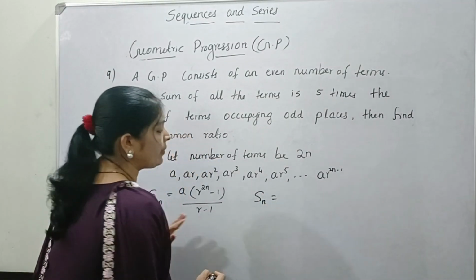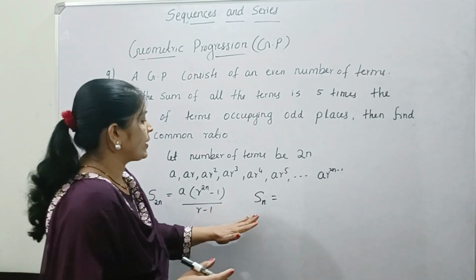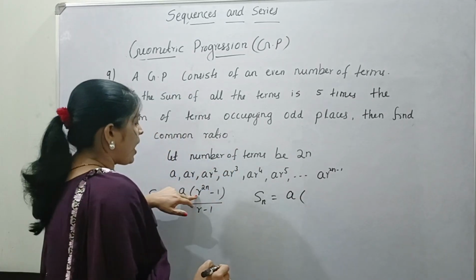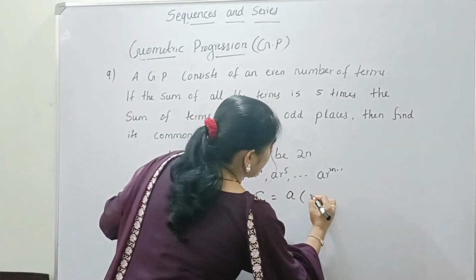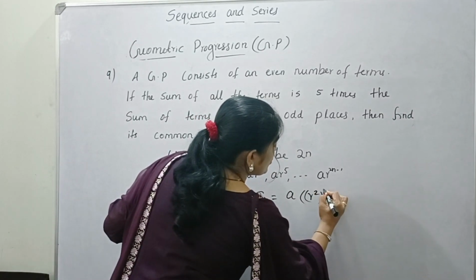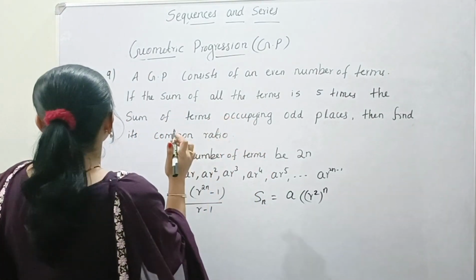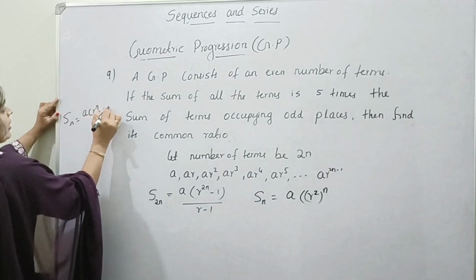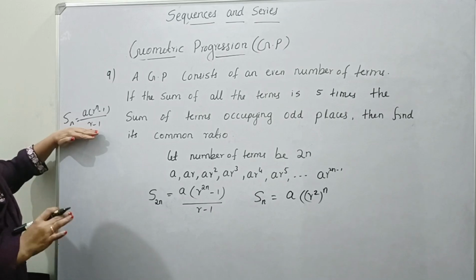So we can write the sum Sn, because there are n terms, half of 2n, as a into r square raised to n minus 1 divided by r square minus 1. The sum formula is Sn equals a into r raised to n minus 1 divided by r minus 1, the sum to n terms.